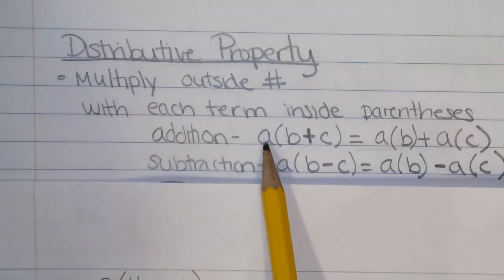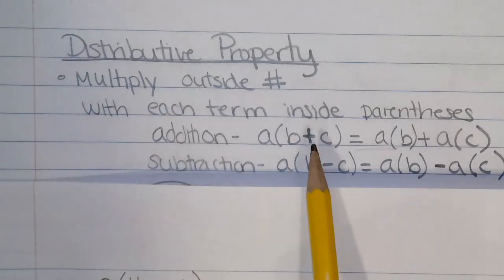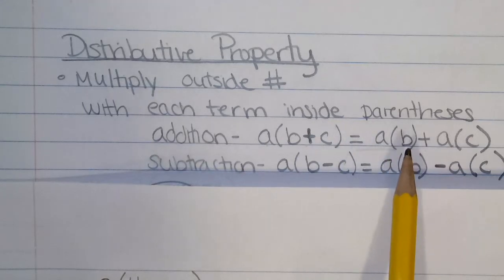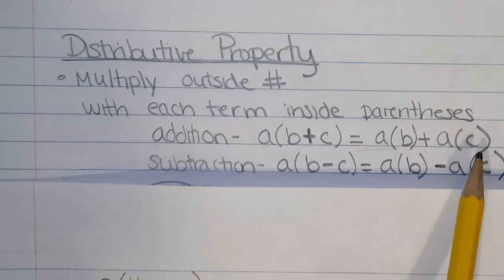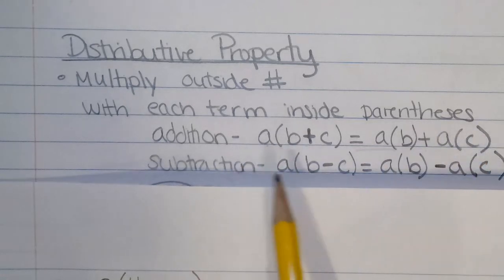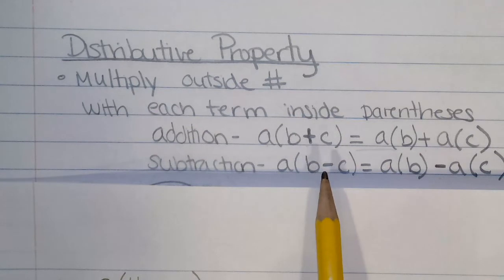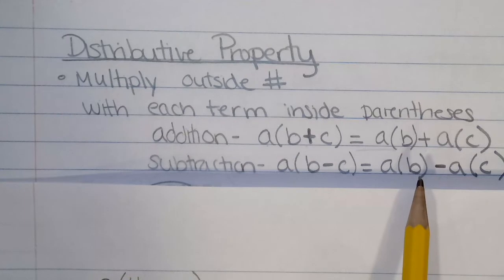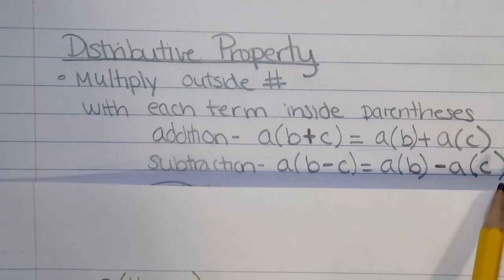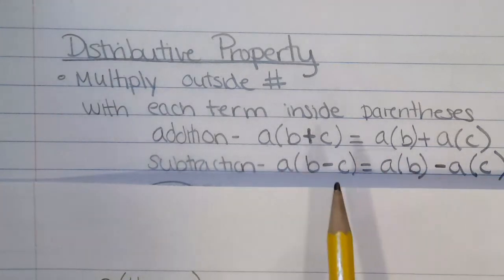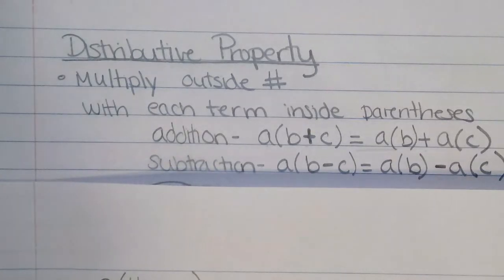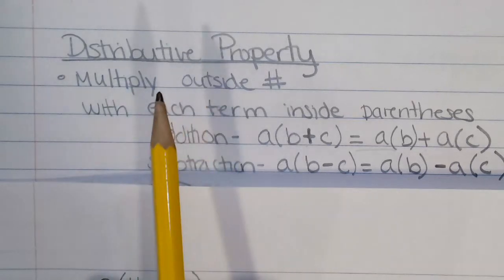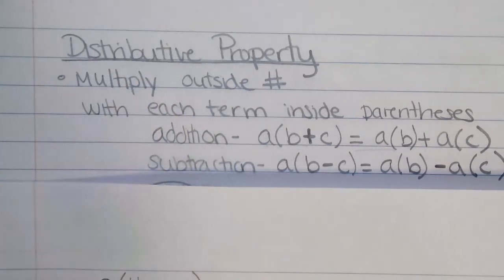So A times (B plus C) is equivalent to A times B plus A times C. And with subtraction, A times (B minus C) is equivalent to A times B minus A times C. This can be confusing, so I'm going to show you an example of how to write an equivalent expression using the distributive property.